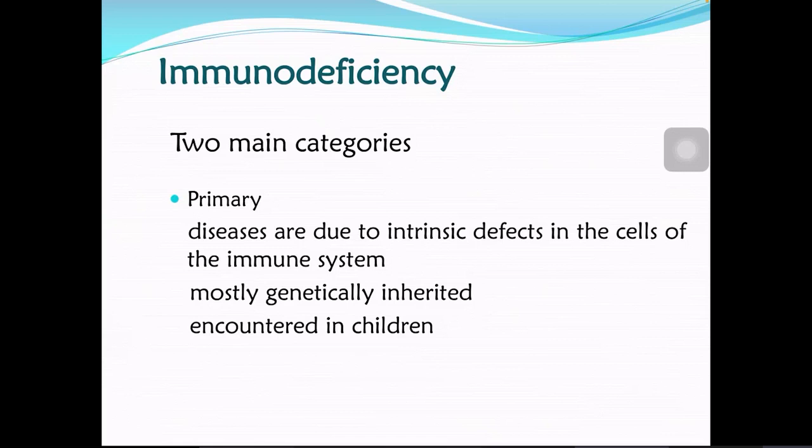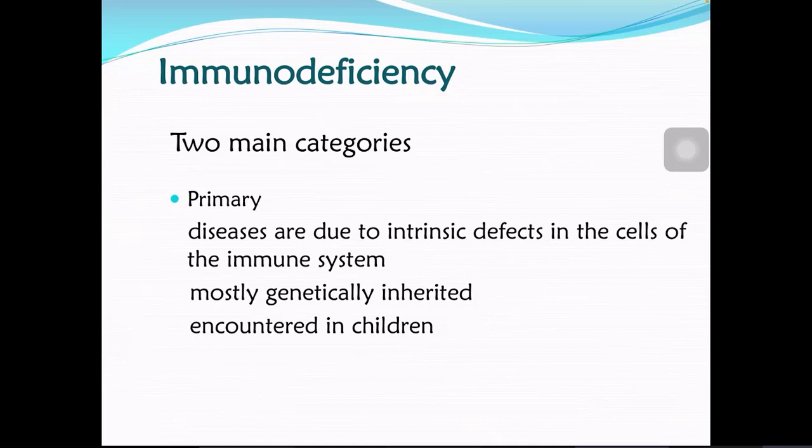We have T cells, we have B cells, and there are of course many other cells like neutrophils and so on, which play a part in immunity. So there are intrinsic defects in these cells. Most of them are genetically inherited, and the majority of primary immunodeficiencies are encountered in children.